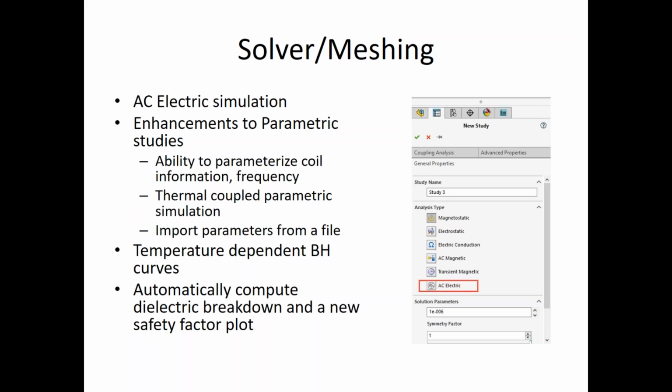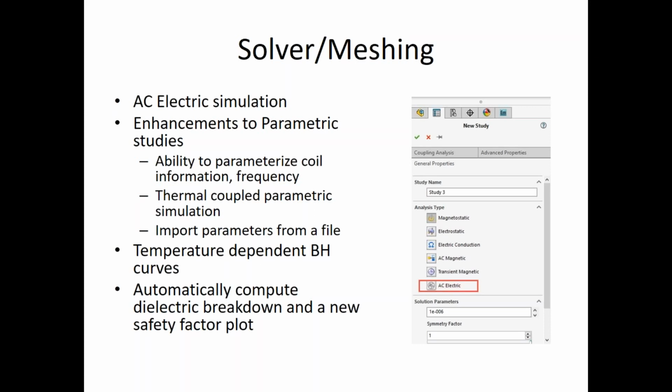We have also made several enhancements to the parametric study. Now, in addition to all SolidWorks dimensions which could be parameterized in the earlier versions, you have the ability to parameterize a lot of simulation parameters. For example, you can parameterize coil information, you can parameterize the frequency, etc. You can also couple thermal simulation into the parametric simulation.